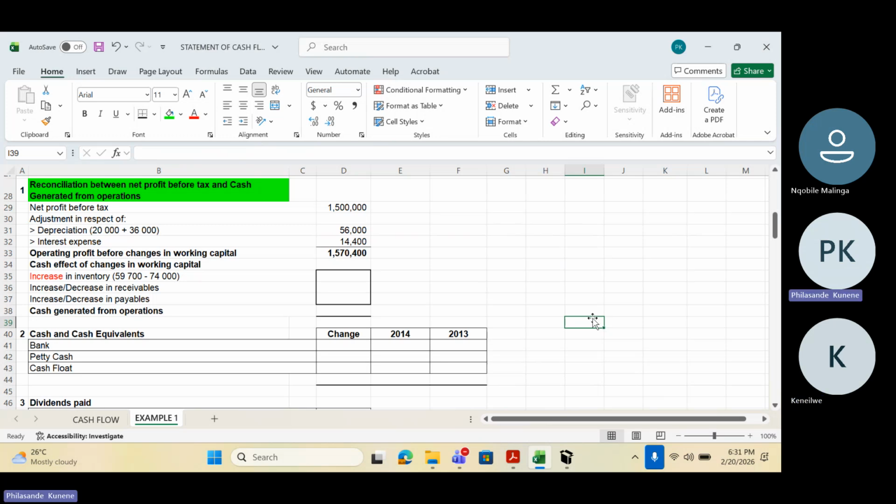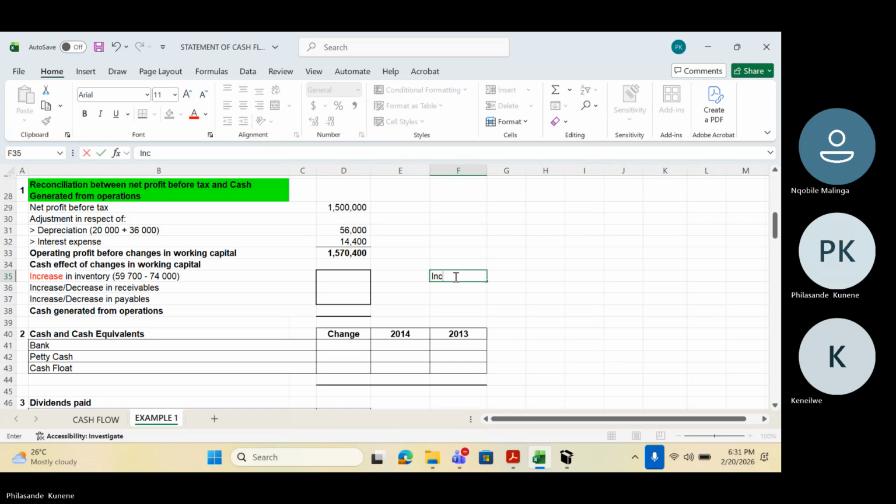Why are we saying it's an outflow? Because you're buying more inventory, which means more cash going out. Exactly, very good. If the inventory is increasing, it means we purchased more inventory, which means there will be a cash outflow. We're going to use the cash that we have to buy that inventory. So when the inventory is increasing, it's an outflow of cash, right?